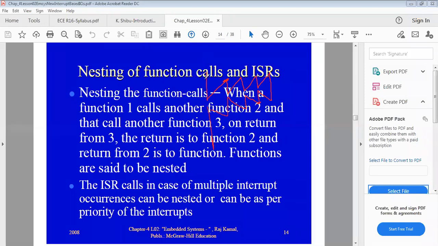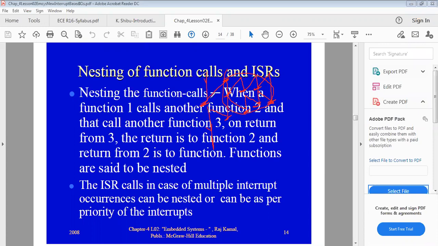Here call function 1, call function 2, call function 3, call function 4, here return 3, return function 2, return function 1, and return to the main program.